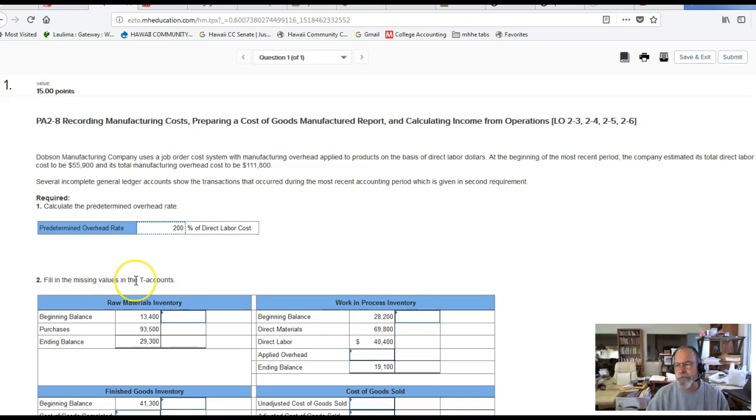Okay, and that's really why I've always made that check my work feature available in Connect, because in the old days when I was going through this in college, there were no computers. Everything was pencil and paper.